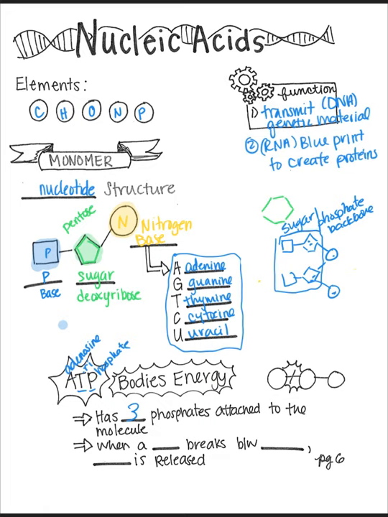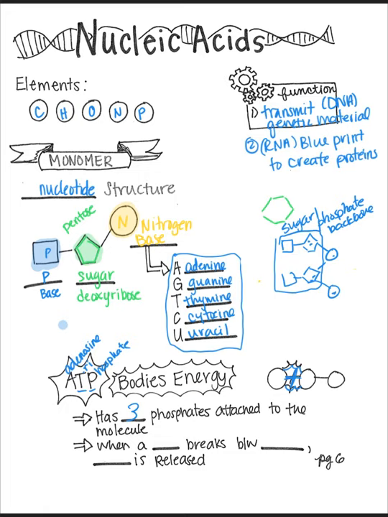Now, the fun thing about phosphate is they don't like being in groups of 3. They only like being in groups of 2. So our bodies will actually force 3 of them together to hold energy. And then when it needs it, it will break one of those bonds, as you see in this picture. It will break this bond between two.